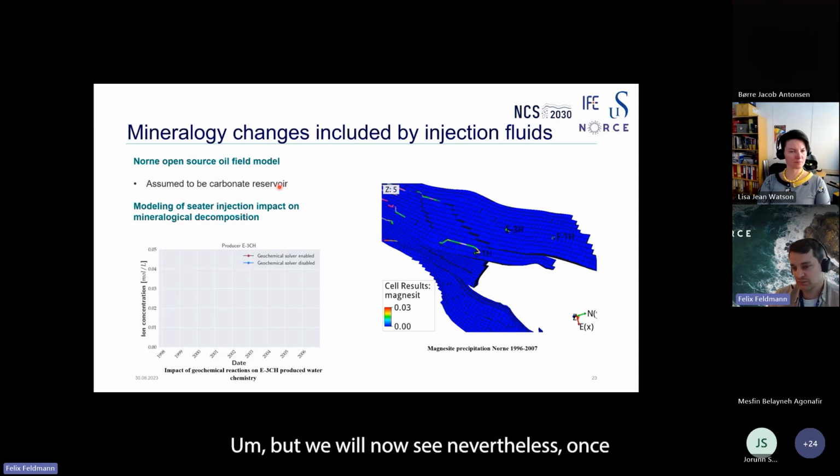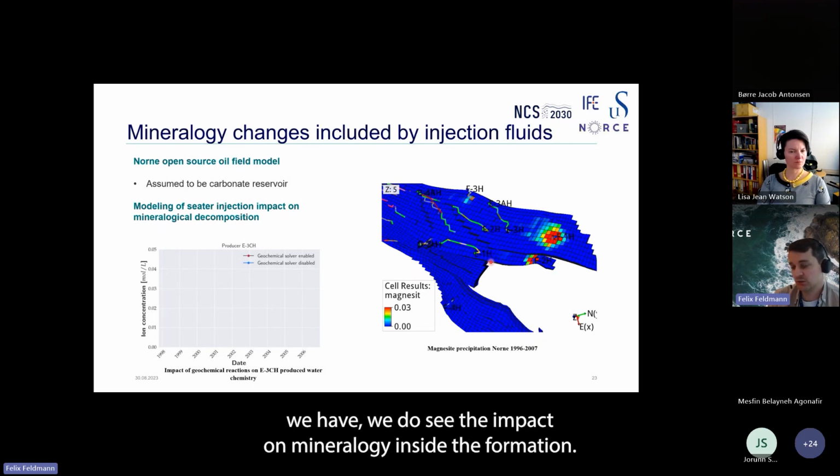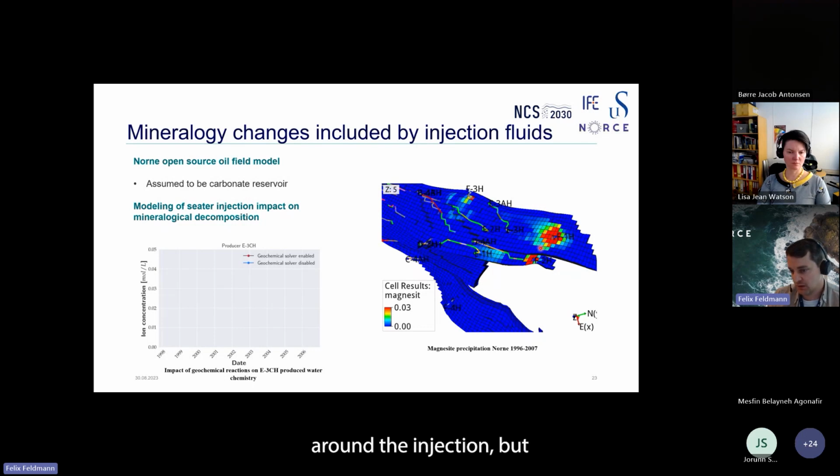But we will see, nevertheless, once we inject the sulfate-rich and magnesium-rich injection fluid, we do see the impact on mineralogy inside the formation. In this case, magnesite is precipitating around the injection wells, and also anhydrite is precipitating.